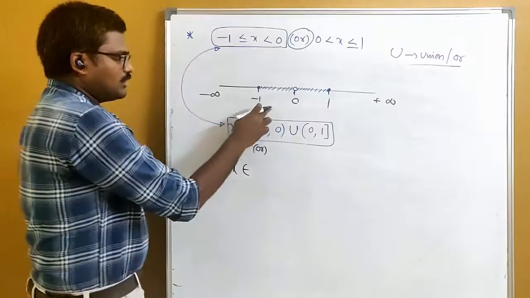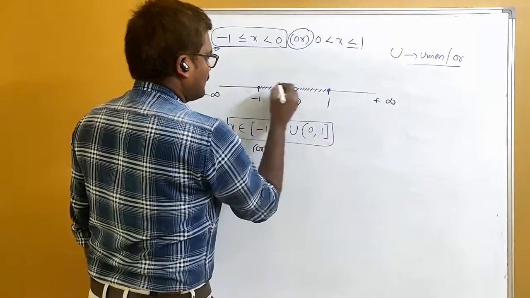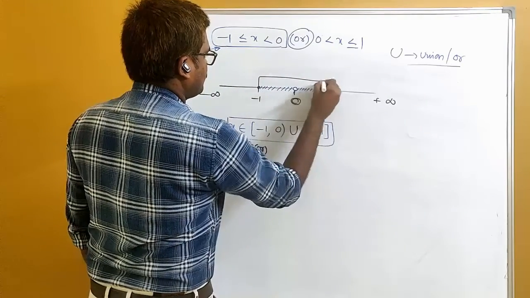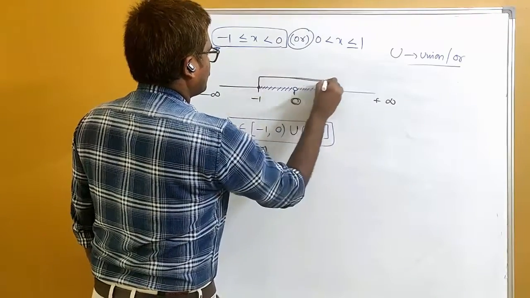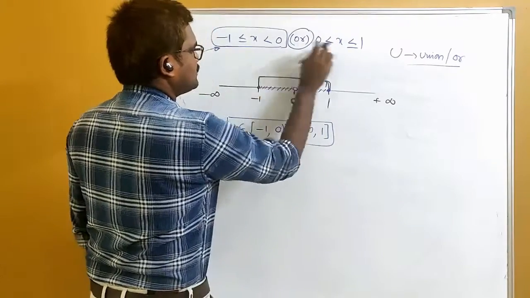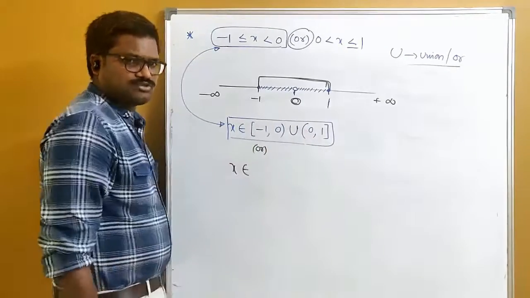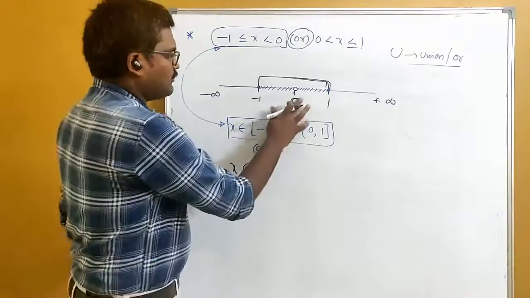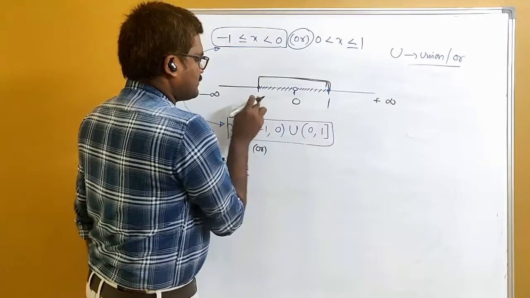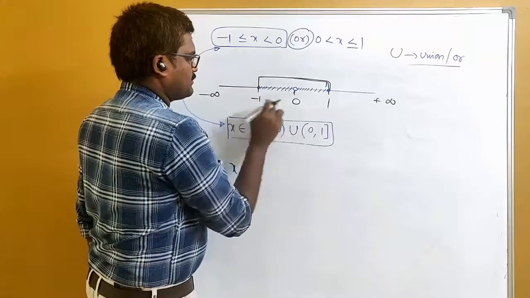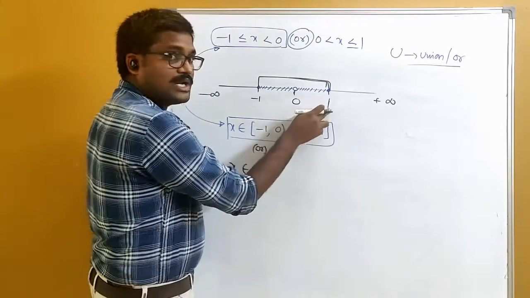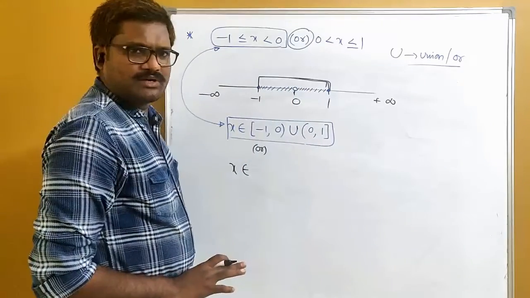X belongs to. Now if you look at this real number, what is the meaning of this? Instead of writing these two intervals separately, I want to write these two inequalities together. What is the meaning of this? I am taking all the real numbers between -1 and 1, but only 0 is not included, isn't it?